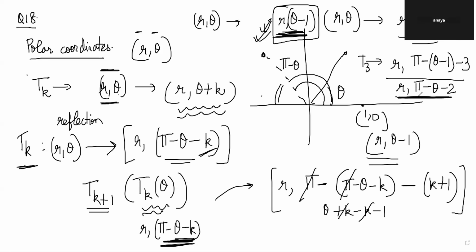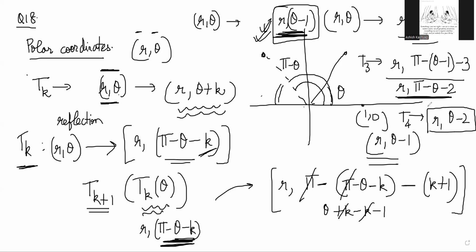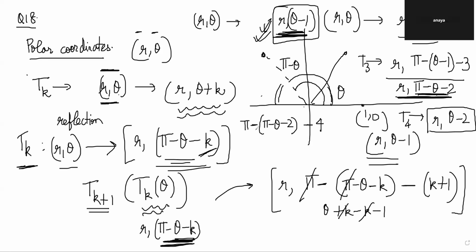But T4 will again bring it back to, I think, r comma theta minus 2. Just check that once. Every time this is the operation, so we apply it now to this angle, right? So T4 you are doing, it will be pi minus theta minus 2 minus 4, right? So this becomes theta plus 2 minus 4. So see, it is theta minus 2.